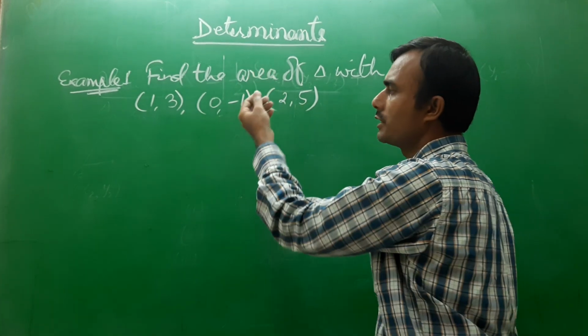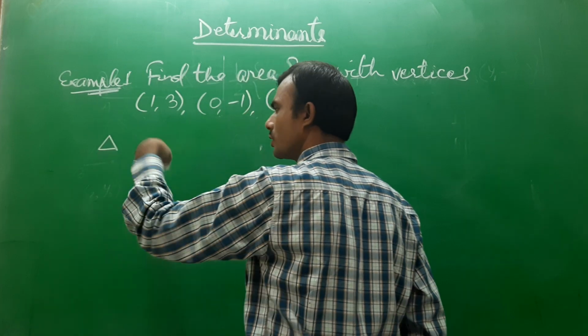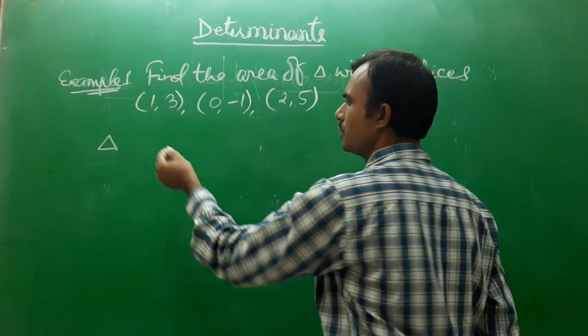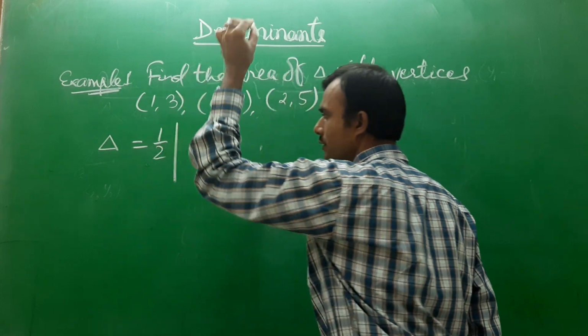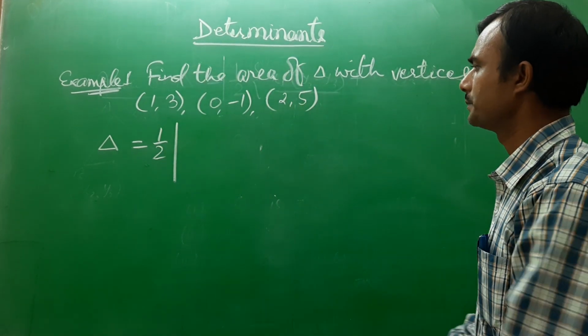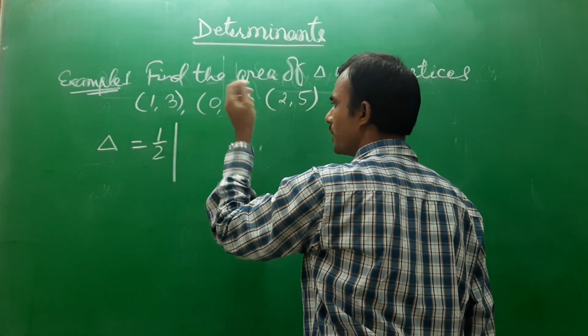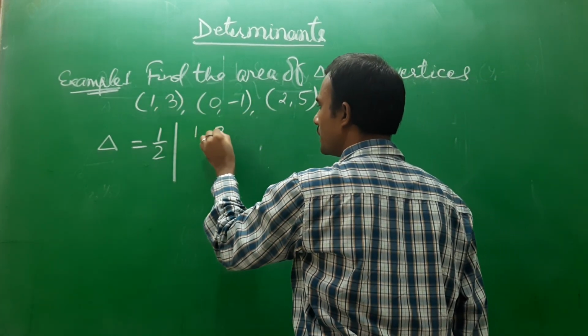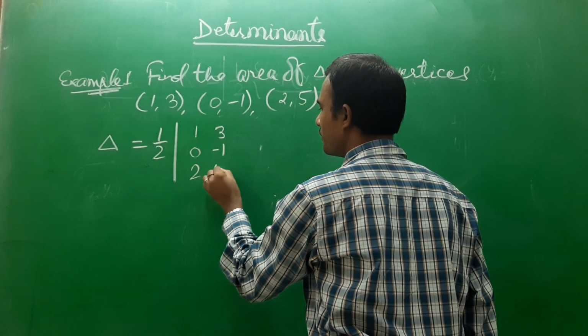So using determinants, here we can write the area of the triangle equals half determinant. Under the determinant we have to represent all these x, y. First 1, 3, 0, minus 1, 2, 5.